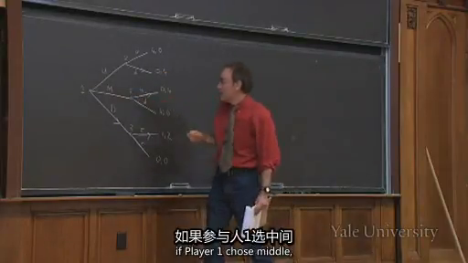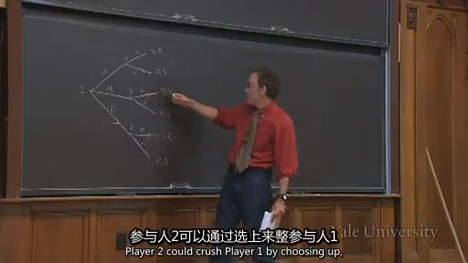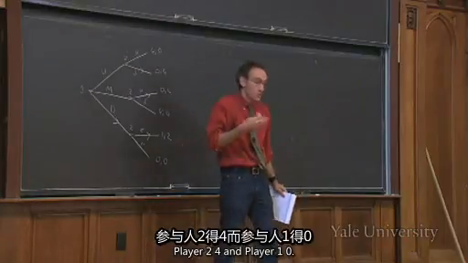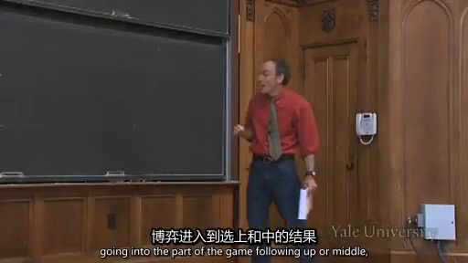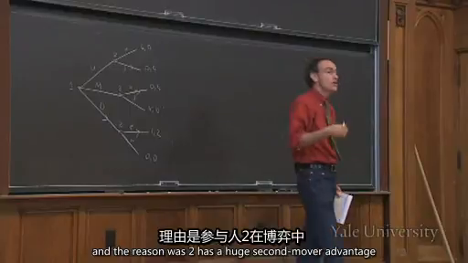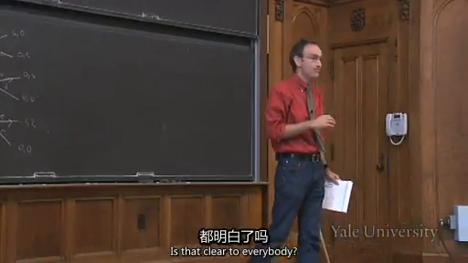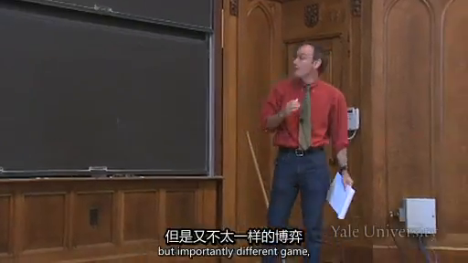Conversely, if player 1 chose middle, player 2 could crush player 1 by choosing up, which gave, once again, player 2 a 4 and player 1 a 0. So there was a good reason to avoid going into the part of the game following up or middle: player 2 has a huge second mover advantage in those parts of the game. Is that clear to everybody?